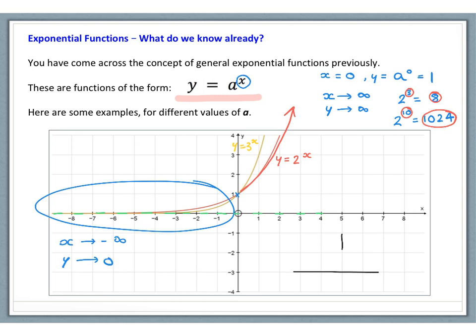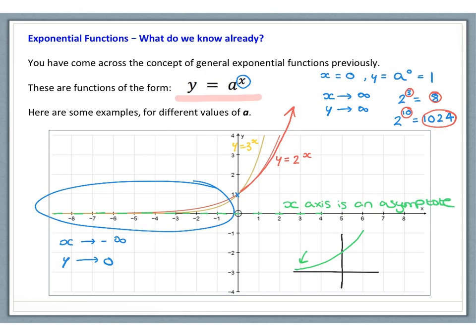So for instance, if I was sketching an exponential function, I would draw it like this. So you can see that it's approaching the x-axis, but not actually touching or crossing it. So the x-axis is an asymptote.